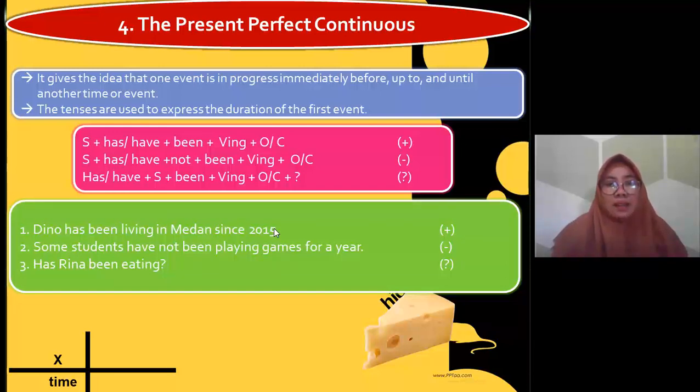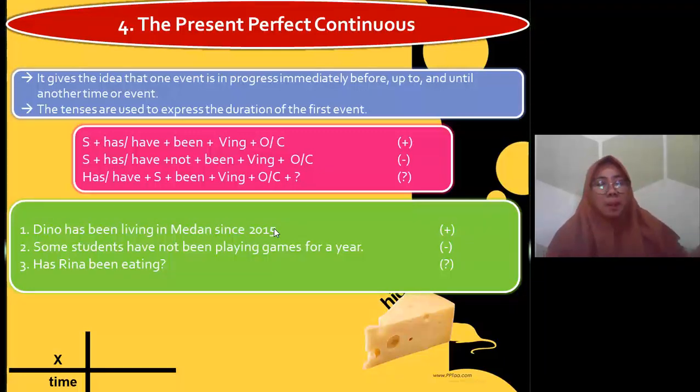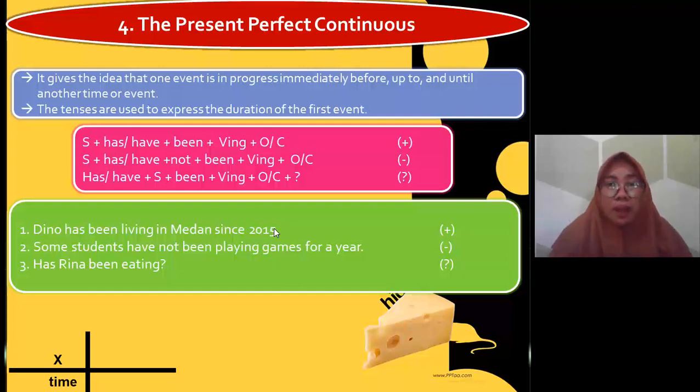Sudahkah si Rina makan? Tapi dalam hal ini makannya dia telah sedang. Apakah dia masih sedang makan? Itu pertanyaannya ya, telah sedang makan. Apakah Rina telah sedang makan? Berarti ditanya dia udah makan atau belum, sambil dia bertanya apakah Rina itu sedang makan. That's the translation of present perfect continuous here.